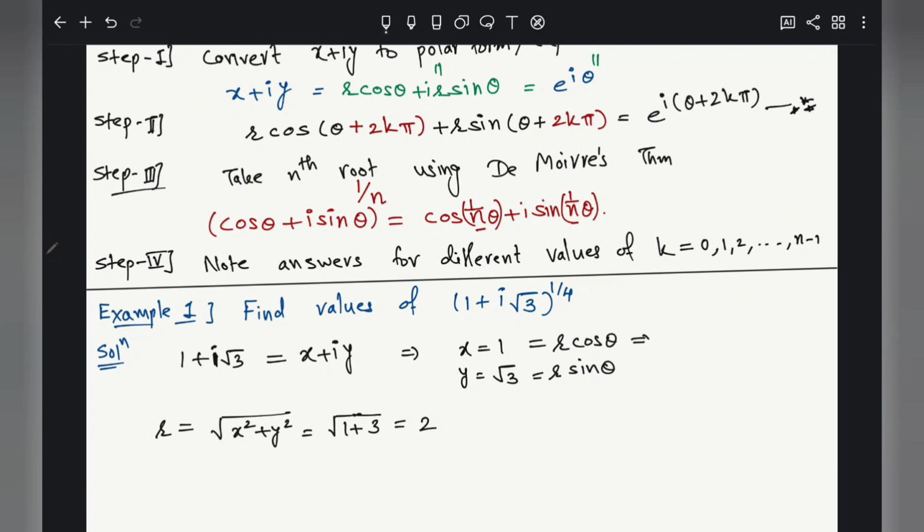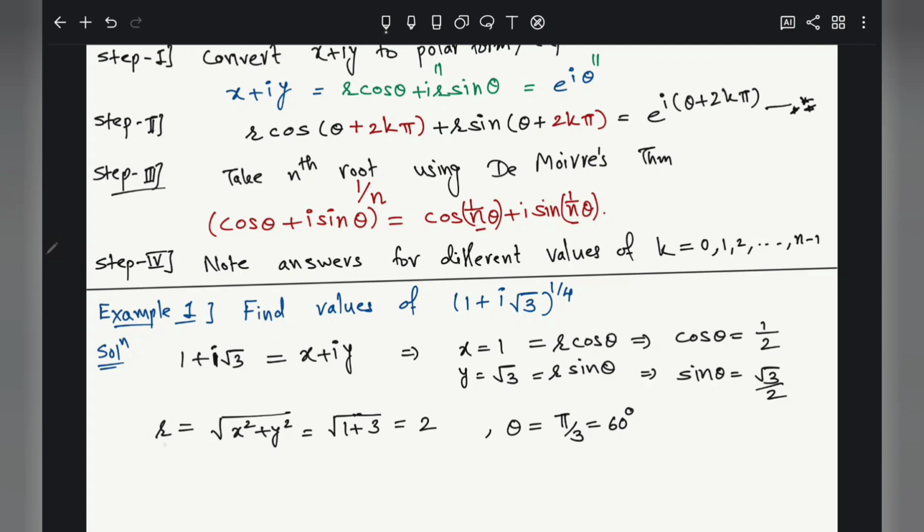If r is 2, that means I am getting cos θ is 1/2, and from here sin θ is √3/2. So now we can search for the value of θ which gives cos θ = 1/2 and sin θ = √3/2. All of us know that for θ = π/3, that is 60°, cos θ is half and sin θ is √3/2.